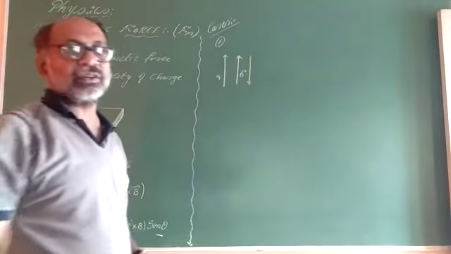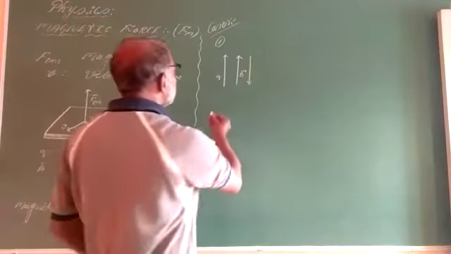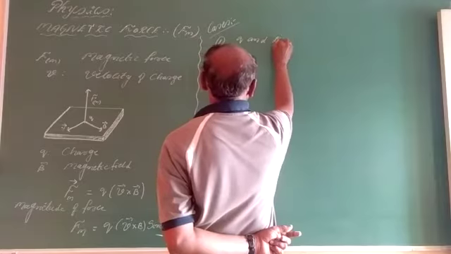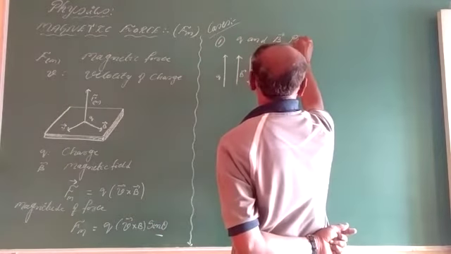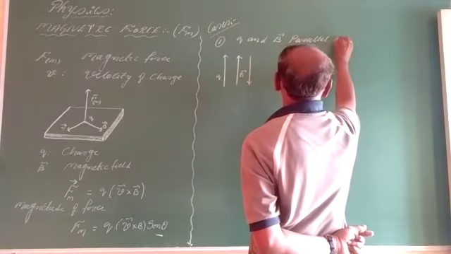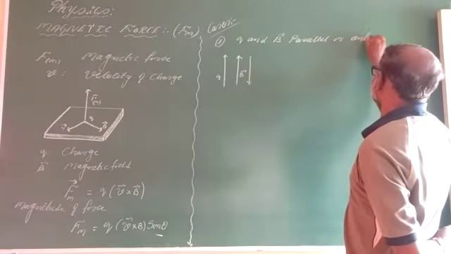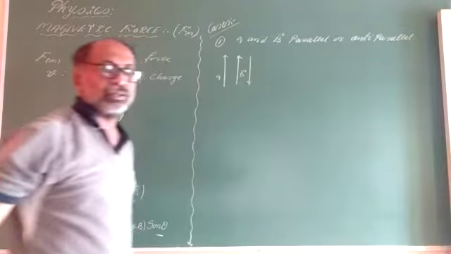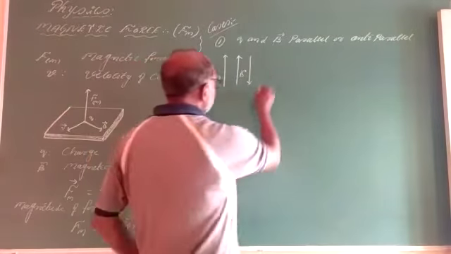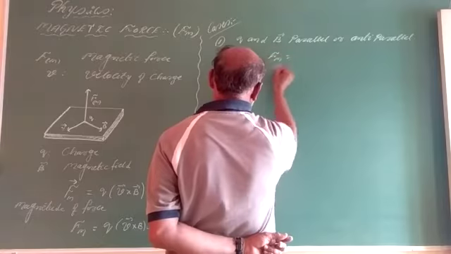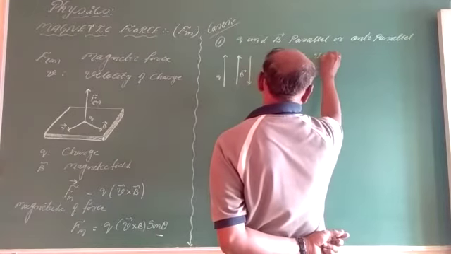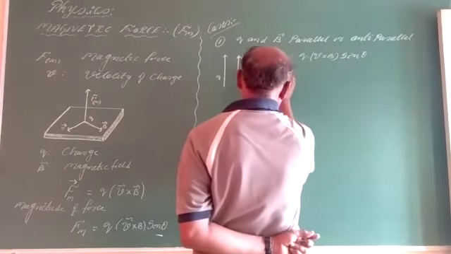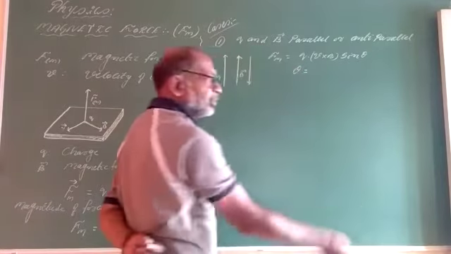Then what is the force acting on this? The first case is the charge Q and the magnetic field being parallel, or anti-parallel. Apply Fm equal to Q into V into B sine theta. What happens to theta?